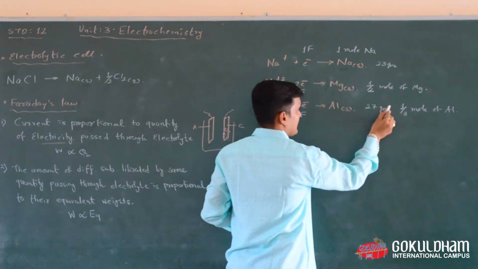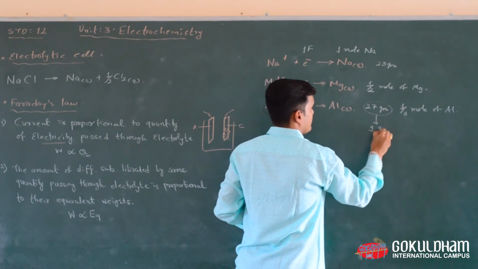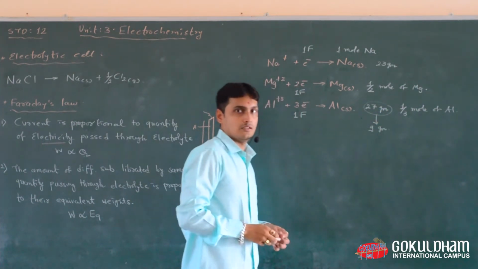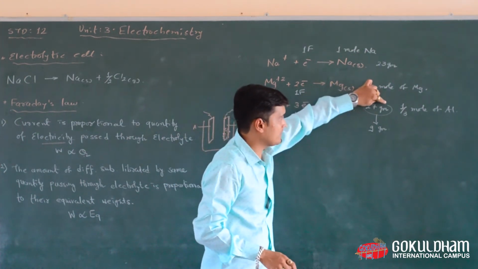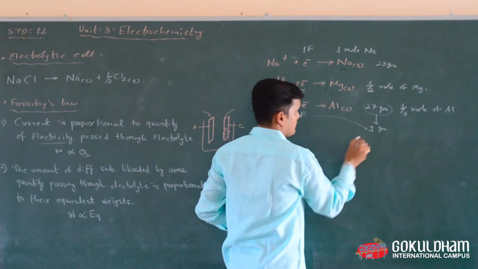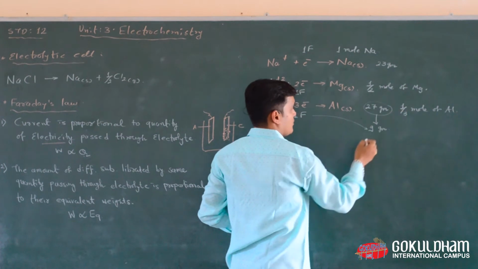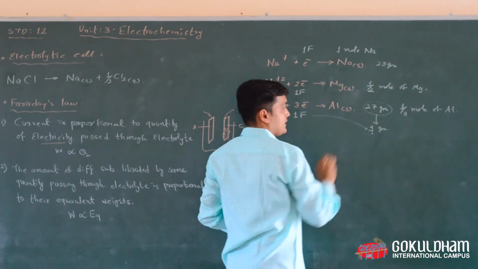So you will get 9 gram in place of 27 gram. If we apply 3 Faraday, then you will get 27 gram. But if you apply 1 Faraday, you get 1/3 of the atomic weight, that is 27 to 9 gram.